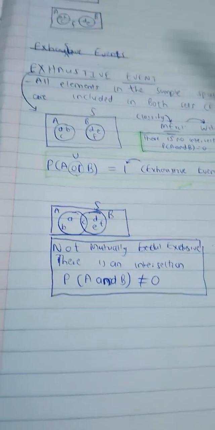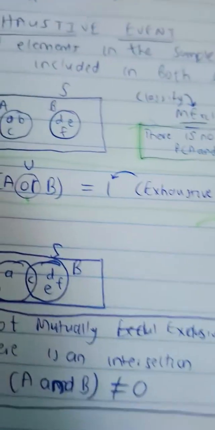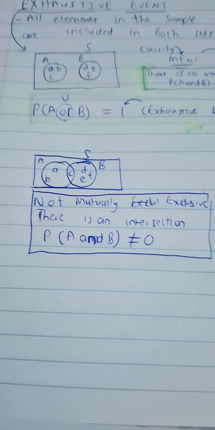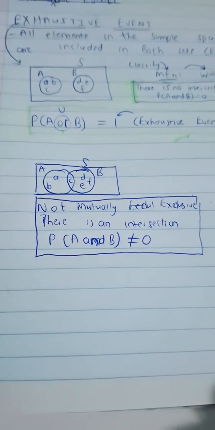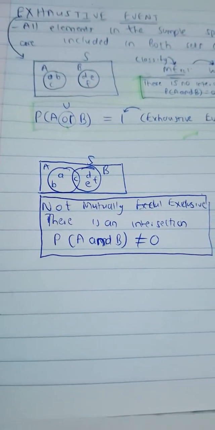Package deal. I hope you see the package, guys. You say it is not mutually exclusive. The thing is, we see there's an intersection, and we say the probability of A and B cannot be zero.